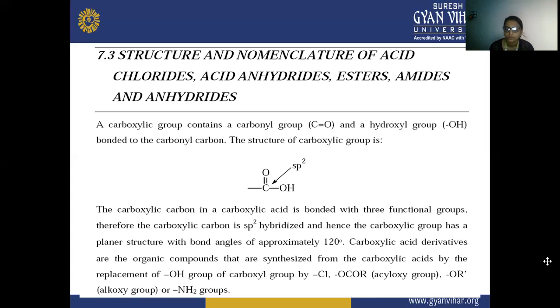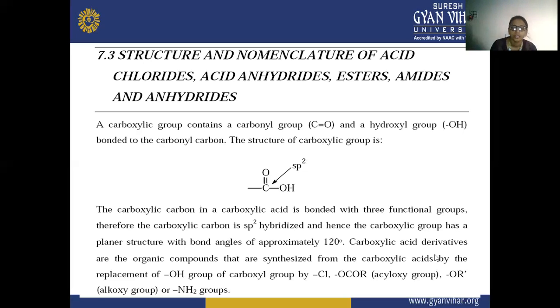So the carboxylic acid group contains a carbonyl group, the CO part, and the hydroxyl group, the OH part, that is bonded to the carbonyl carbon. The structure of the carboxyl group is like this.